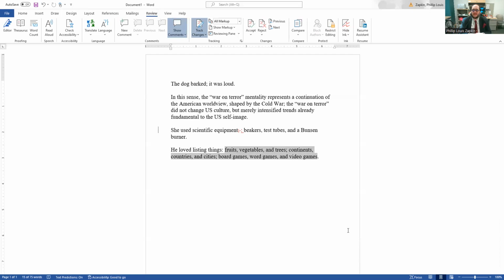It's meta listing. And so what you do is you use a semicolon between the lists to indicate a break in those lists. So fruits, vegetables, and trees, that's divided with commas, but then we get a semicolon before continents, countries, and cities.